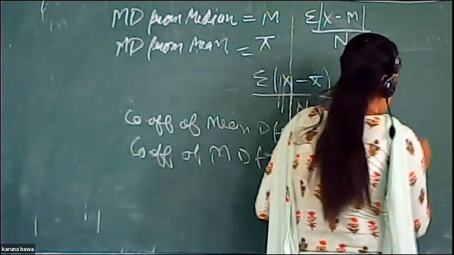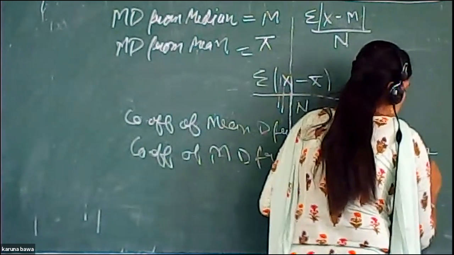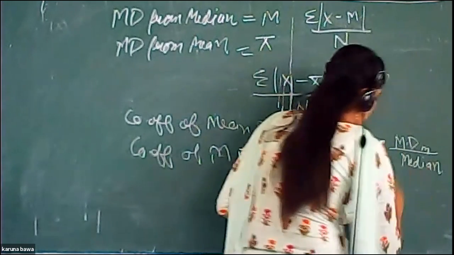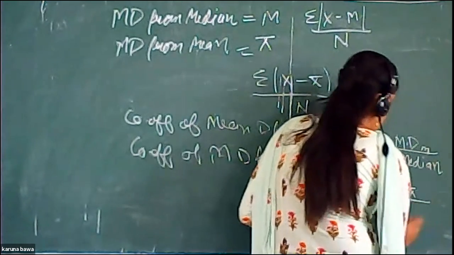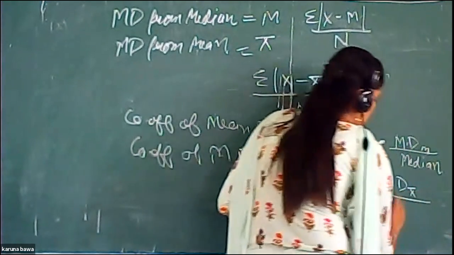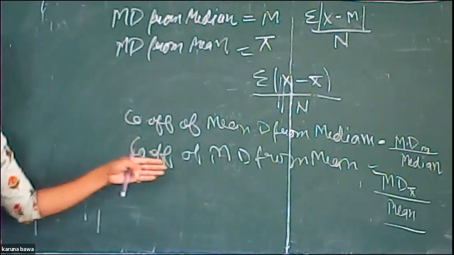Mean deviation from median is divided by the median value. On the other hand, mean deviation from mean is divided by the mean. So this is the coefficient of median and mean.